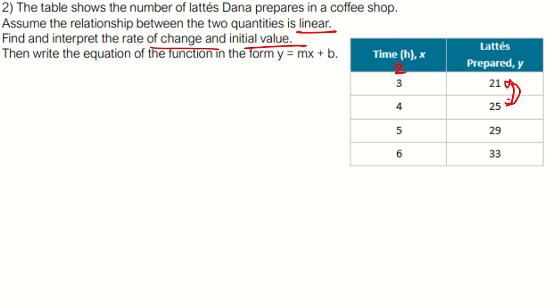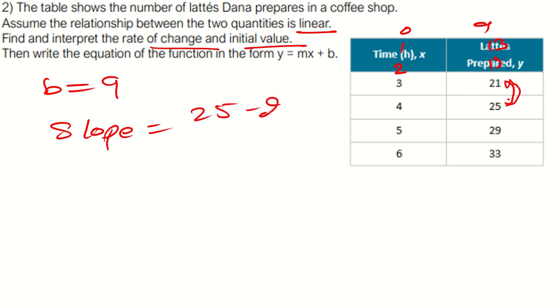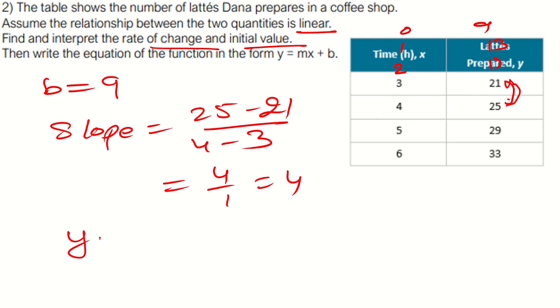So for 2, it will be 17. For 1, it will be 13. And for 0, it will be 9. So initial value means b, which is 9. And then what is the rate of change? That is, slope. Slope will be (25 minus 21) over (4 minus 3). That is 4 over 1, which means 4. So y is equal to 4x plus 9.